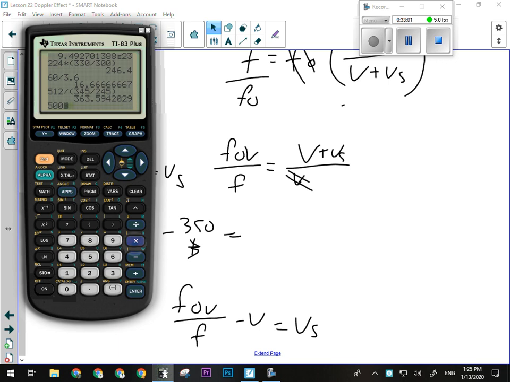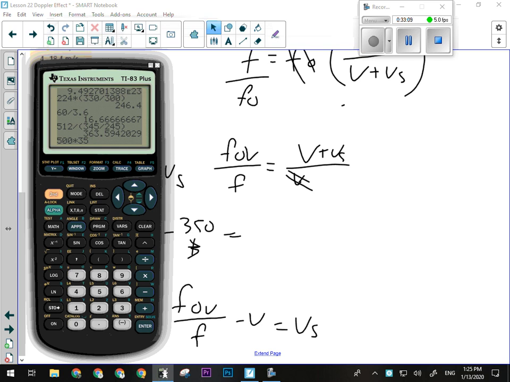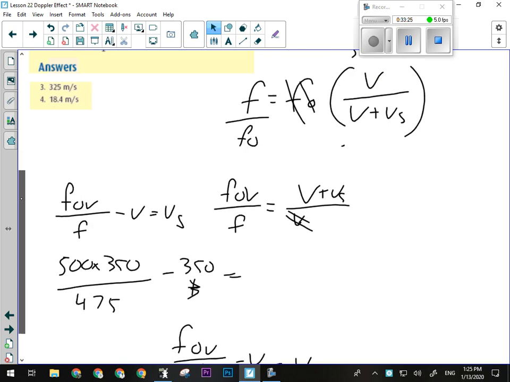So 500 times 350, then divide that by 475, and then I subtract 350. So the thing was moving at 18 meters per second.